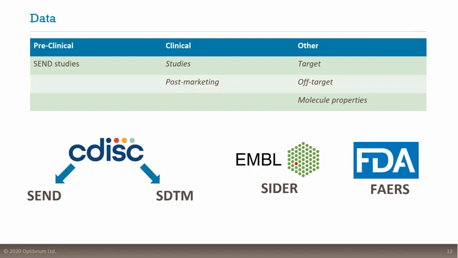So what is post-marketing data? When a drug is on the market, adverse events which occur in people taking that drug are reported to various monitoring agencies. This mostly consists of spontaneous reports. So a patient in the wild is taking this drug and has an adverse event.